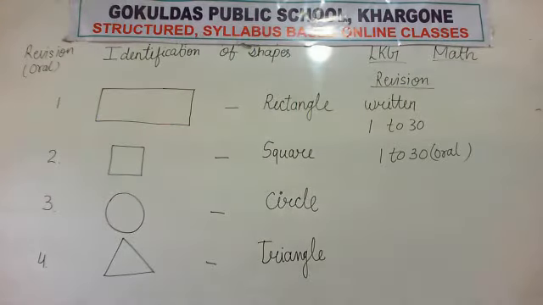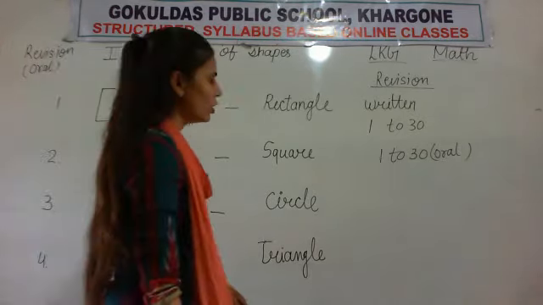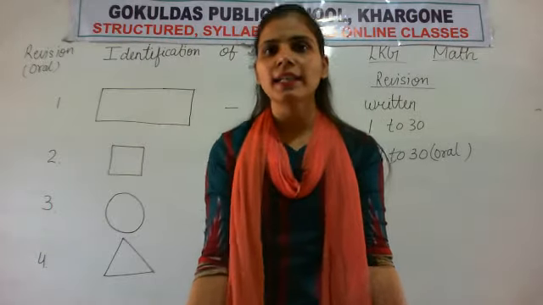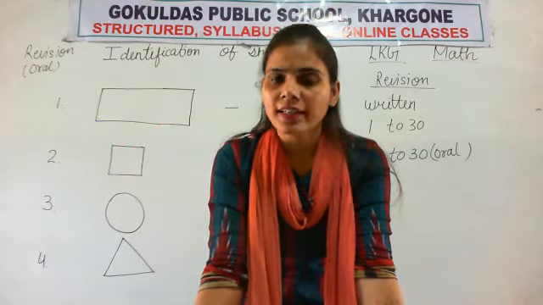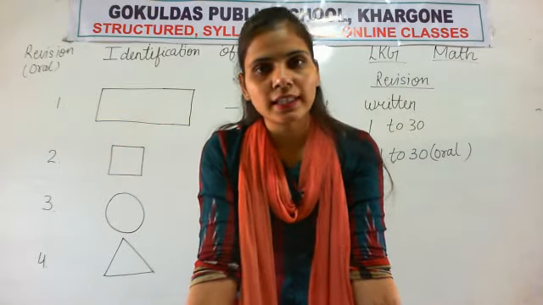Okay, so say and write 1 to 30 in written also, 1 to 30 in oral also. So all of you write 1 to 30. Okay, all are compulsory for writing 1 to 30.